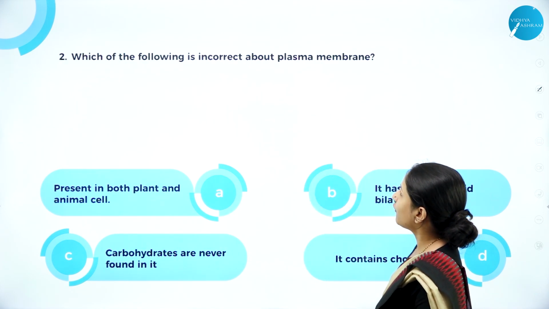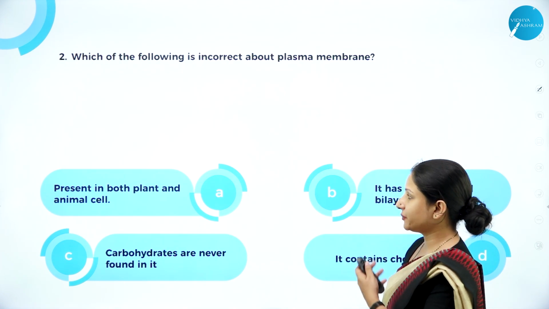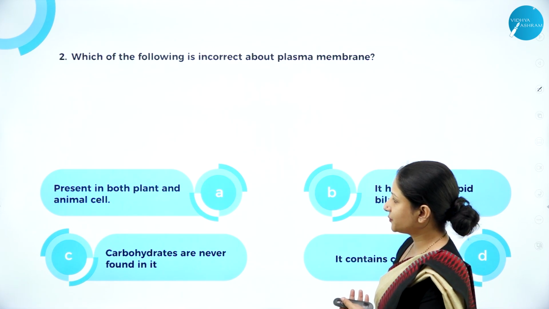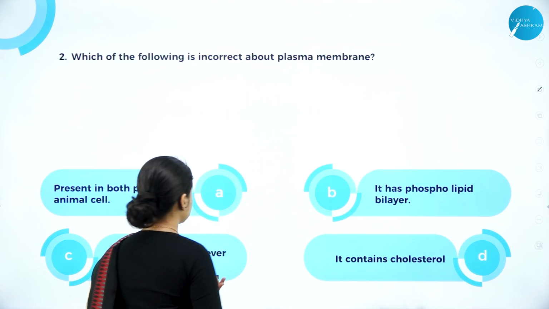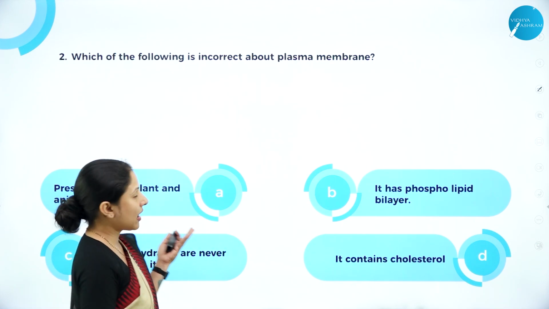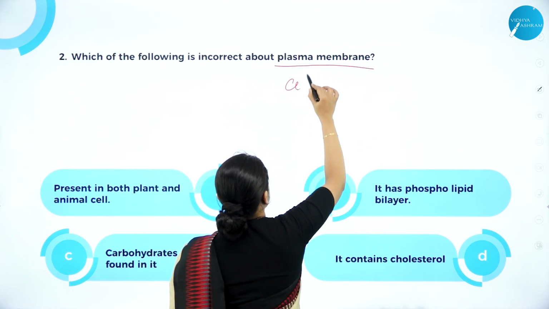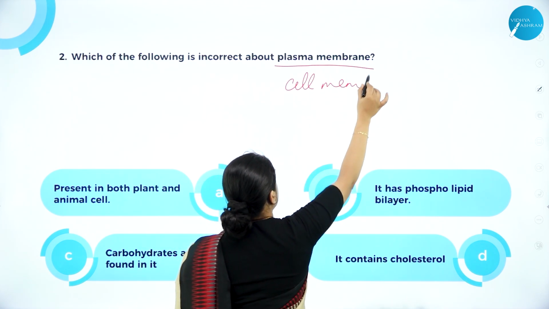Moving further, which of the following is incorrect about the plasma membrane? Some statements are given here. The plasma membrane is present in both plant and animal cells. Yes, that is true. Or they can ask, which of the following is incorrect about the cell membrane? The cell membrane and plasma membrane are one and the same.